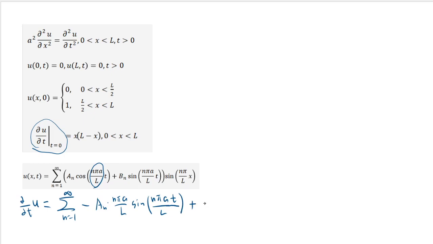And then plus bn. Differentiating sine gives you cosine, but again, because of the chain rule, n pi a over L will come up front. And then you get cosine n pi a t over L.